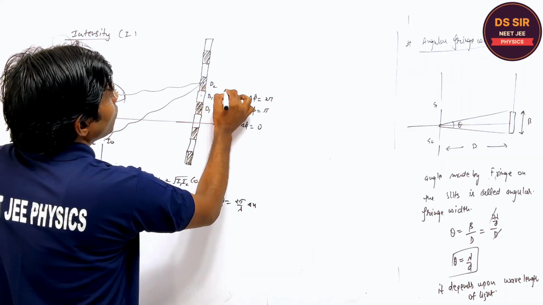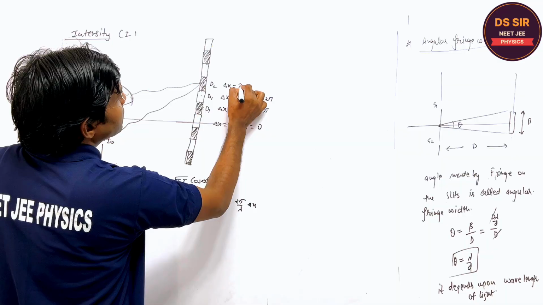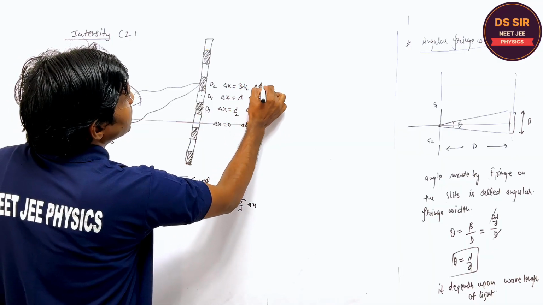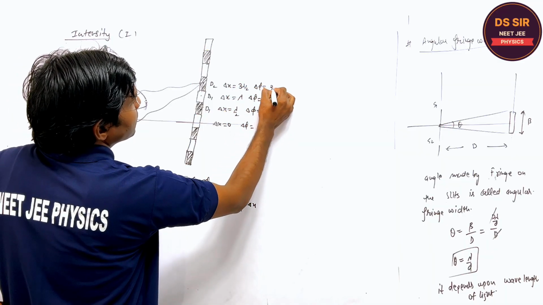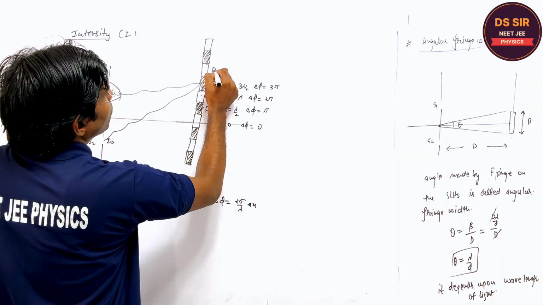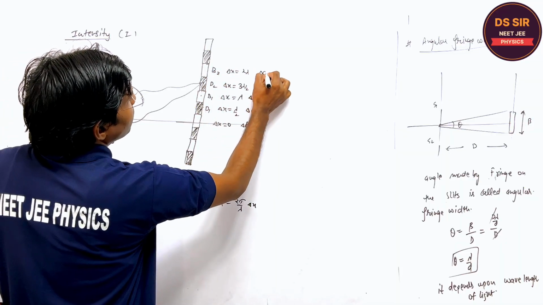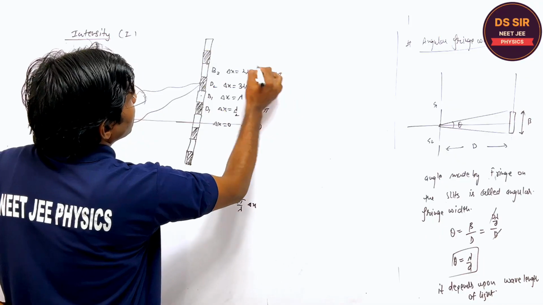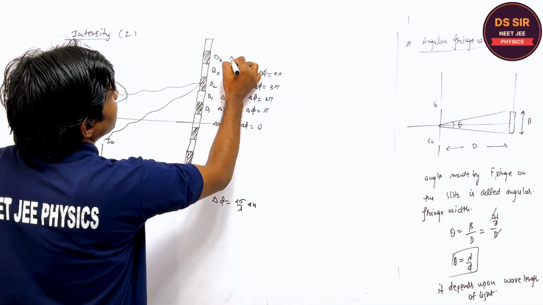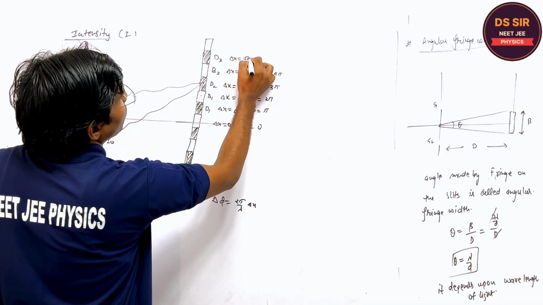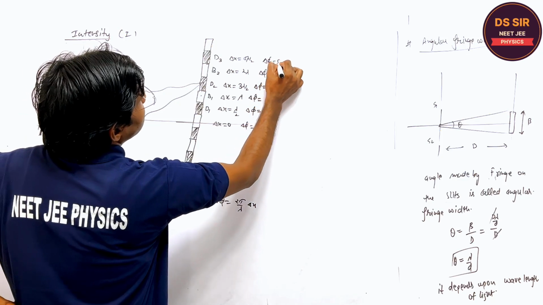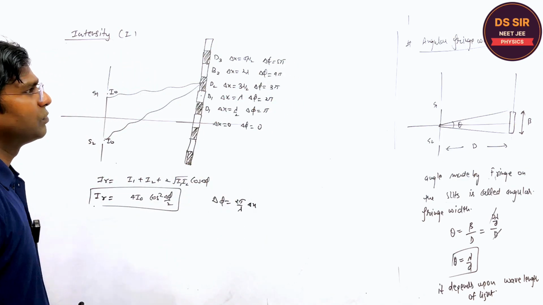For D2, what is the path difference and the phase difference? For B2, the path difference and delta phi? For D3, the delta phi is 5 pi. Is it clear or not?